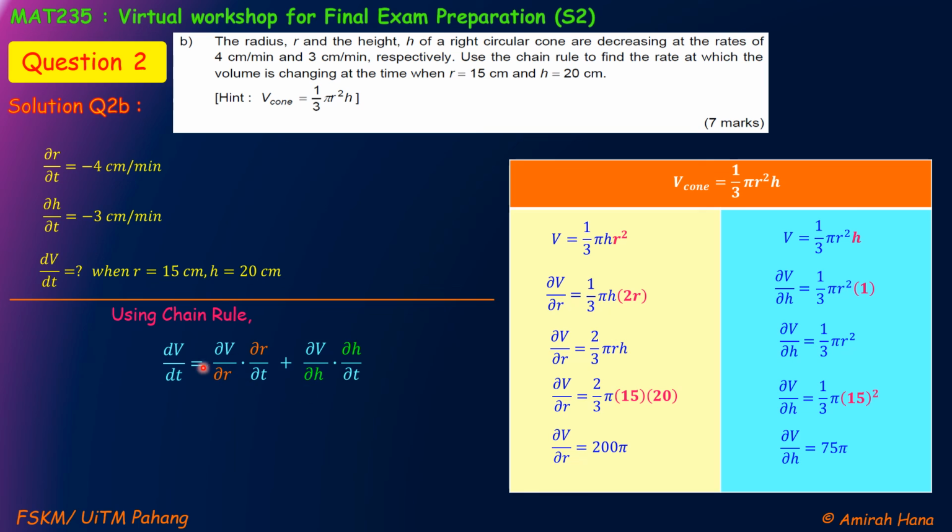If we simplify this and this, we will get del v over del t.